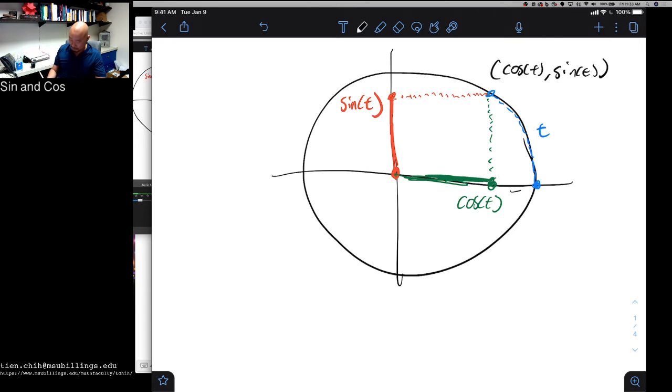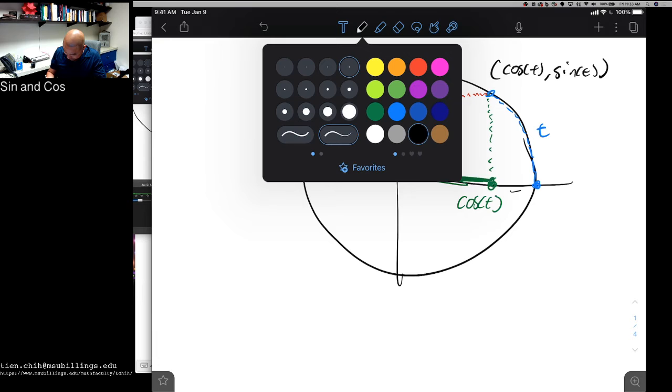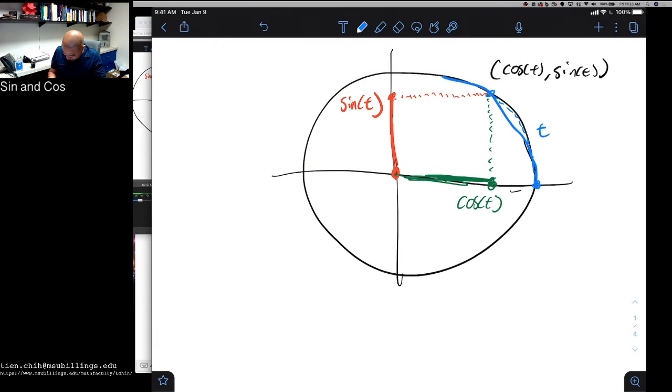So whatever distance you travel, if I go out here, then that coordinate's position would now be cosine t, sine of t, and we note that our cosine will be negative because we're now to the left of the origin. Our sine would be positive because we're still above the origin.